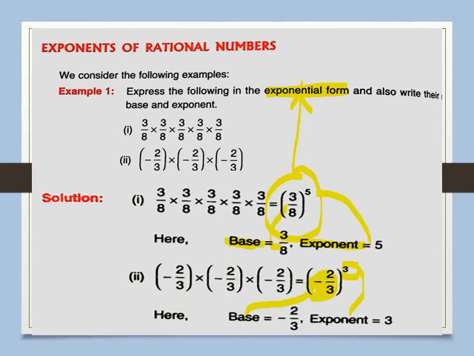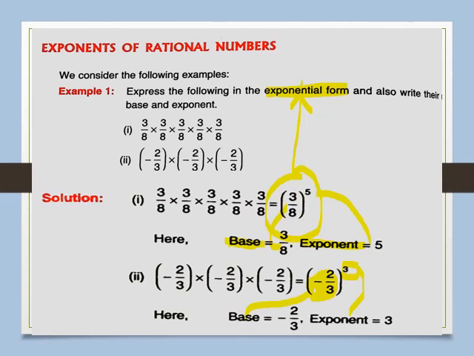So this number we will write as 3 upon 8 whole raised to the power 5. Here the base is 3 upon 8 and the exponent is 5. That is the power.